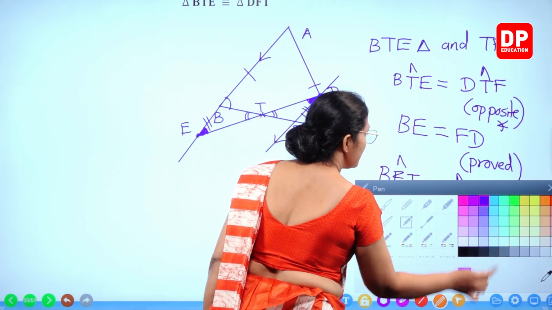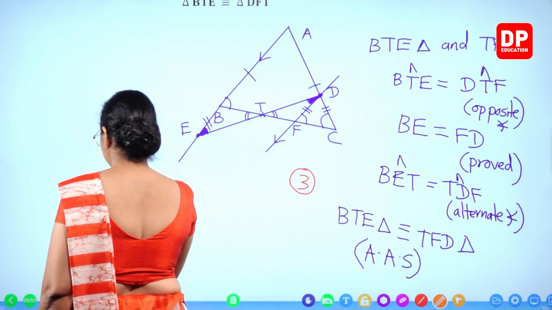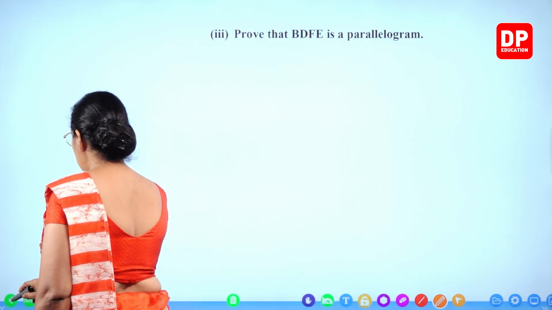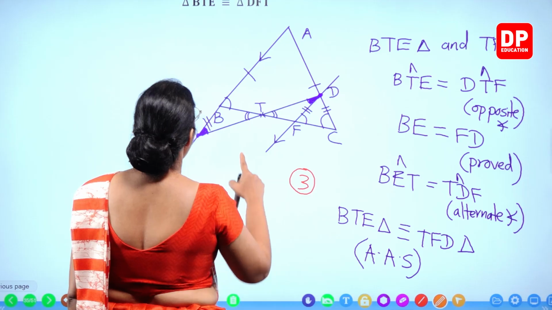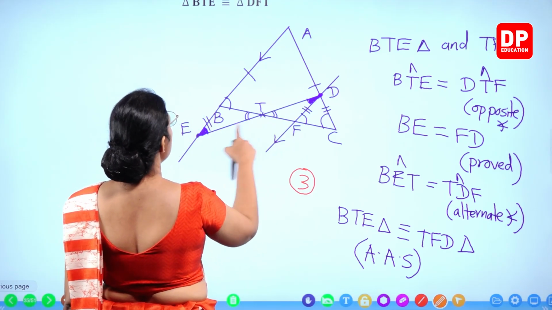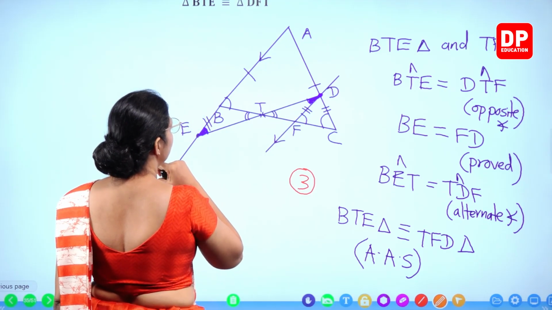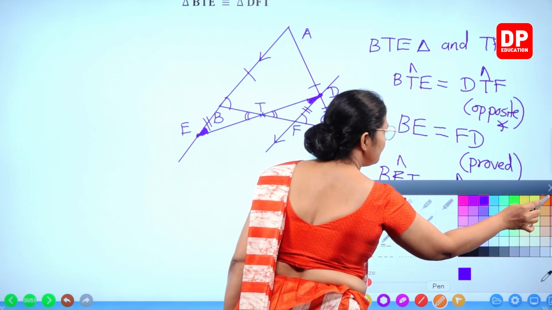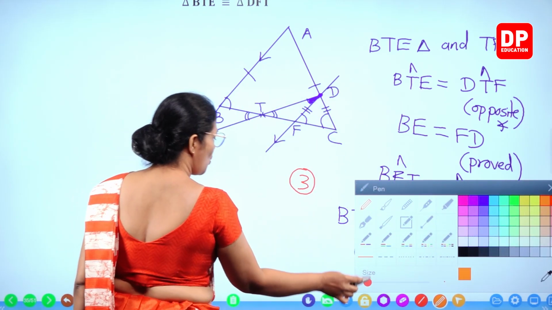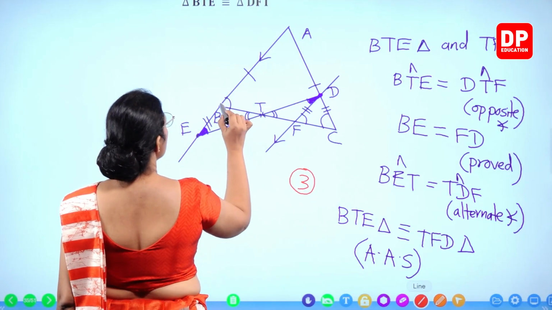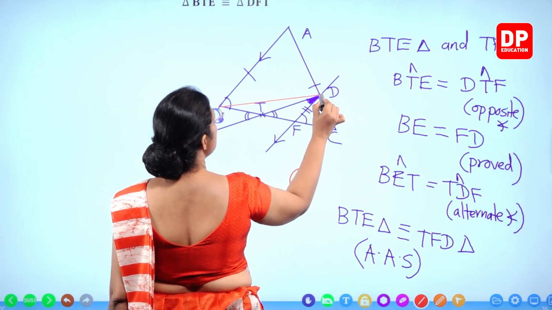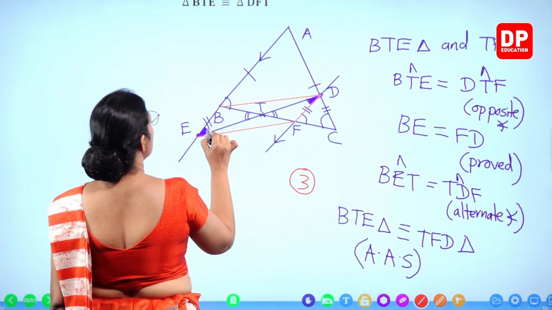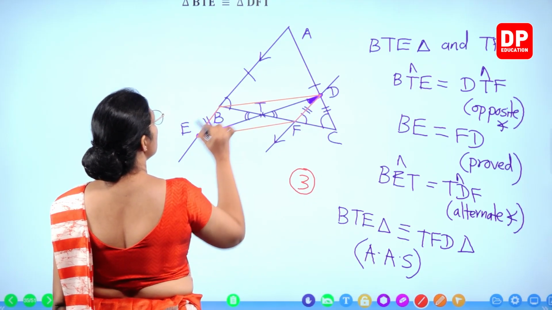Then let's see the next part. Prove that BDFE is a parallelogram. How can we show that? I'll take a different color. Now we need to show that BDFE is a parallelogram.